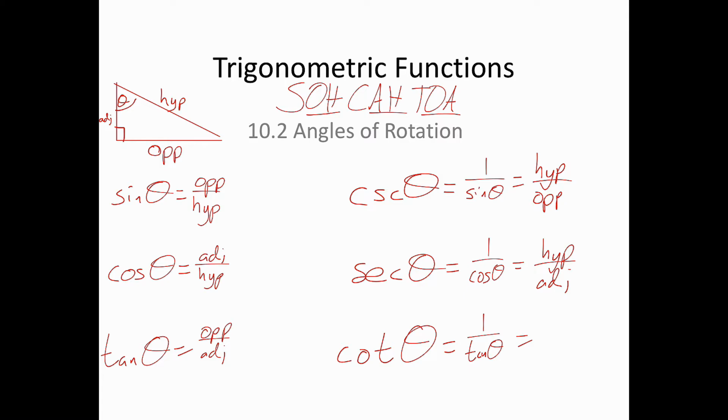Cotangent is the reciprocal of tangent. So the tangent was opposite over adjacent. The reciprocal of that is adjacent over opposite. So just a very brief summary of some stuff that we looked at last week. We're not using that this much this week, but we're going to be using that throughout this unit.